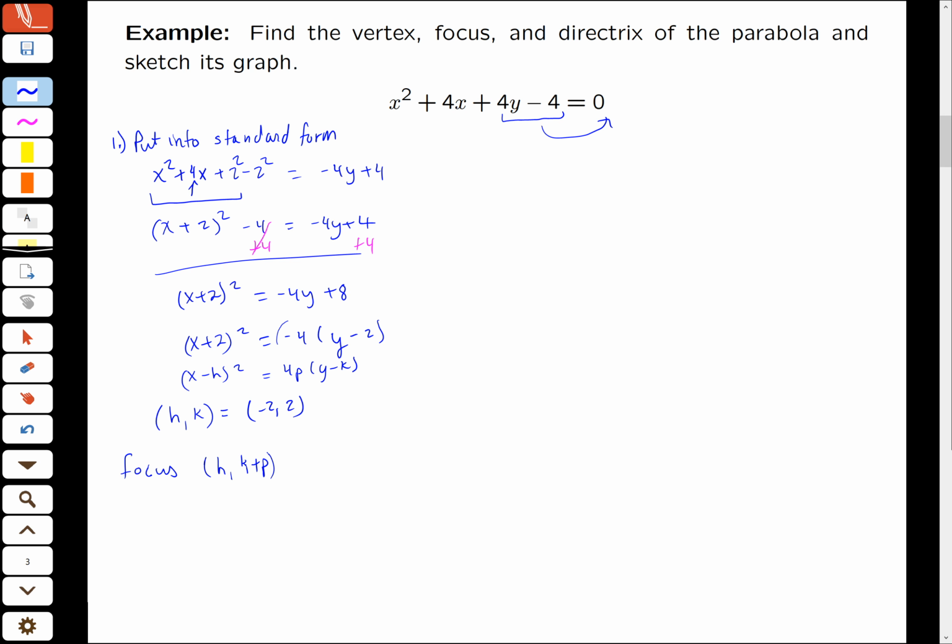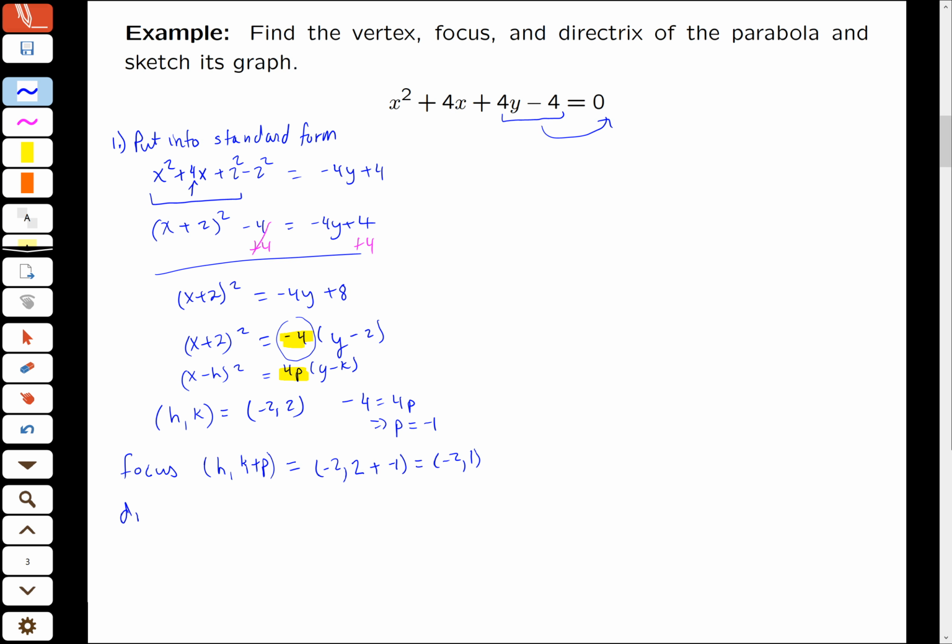P comes from this part, that minus 4. This minus 4 right here has to be equal to 4p. Minus 4 equals 4p. What does that tell you p is equal to? Negative 1. So the focus is going to be negative 2 for h, k is 2, and then add your negative 1. So it's negative 2, 1.